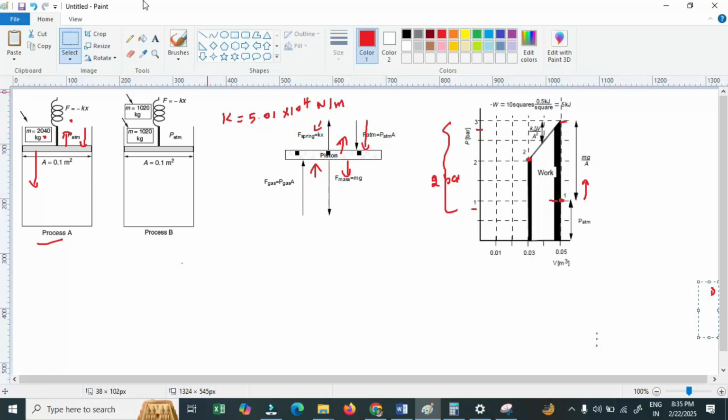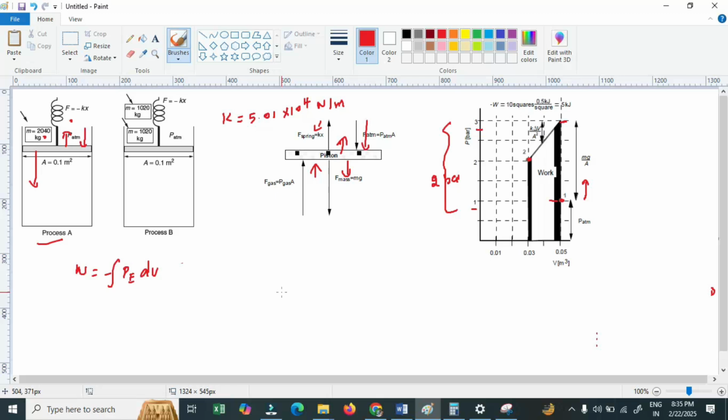Now let me come back here. What is the work done? Which I discussed in the class, that is nothing but W equal to minus integral of P external dV.